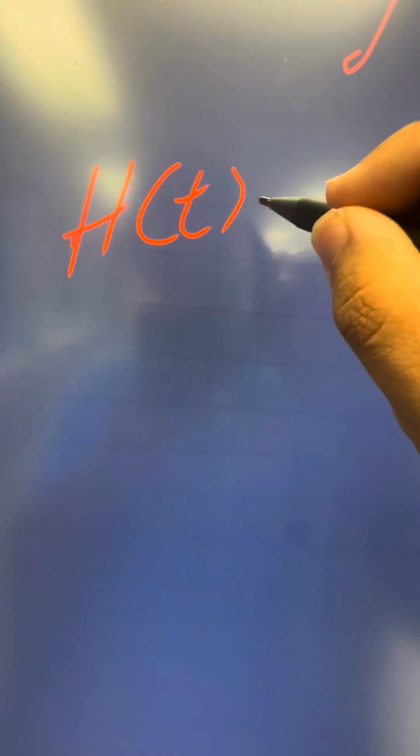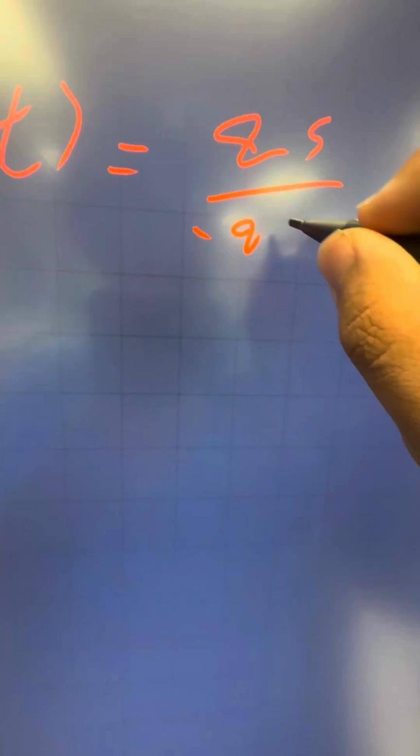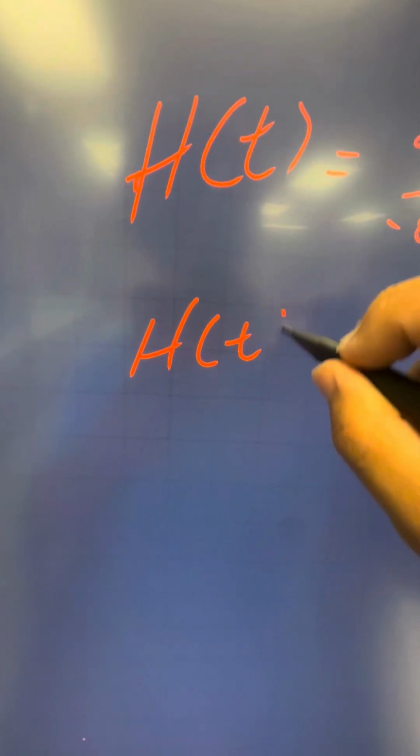So I'm just going to go H(T) equals 8.5 over negative 0.85 e to the negative 0.85 t, plus C. That's a C, trust me on that. Continue down.